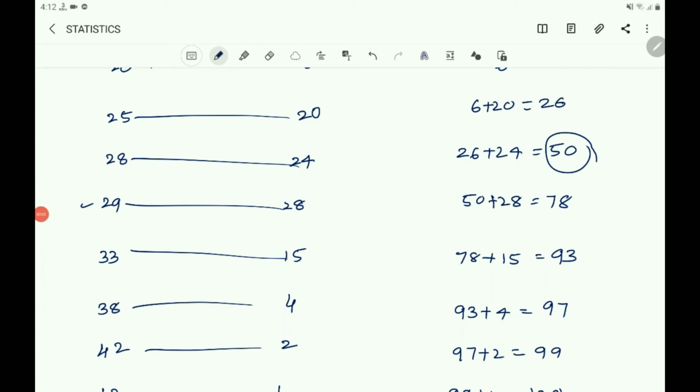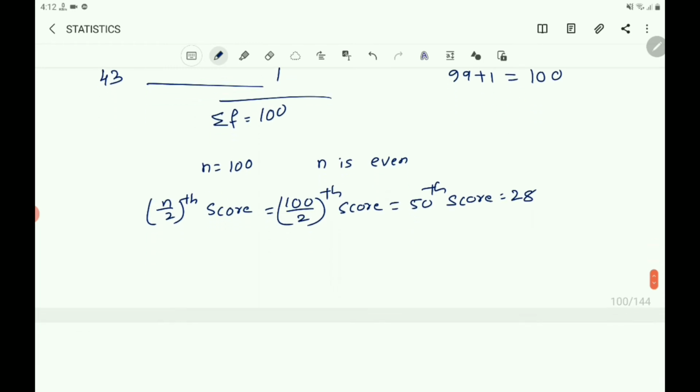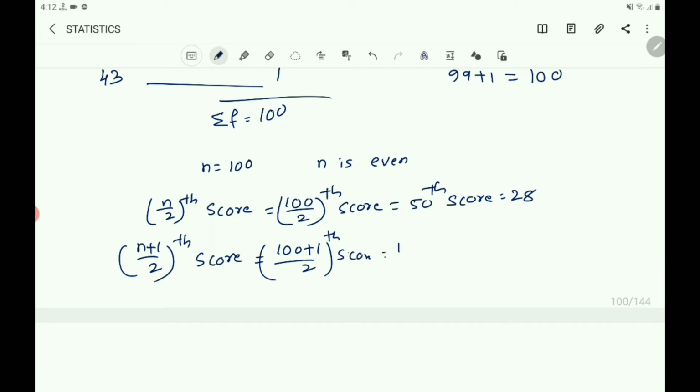50 comes here, and then you have to take, this is the 50th score. The 50th score is 28. Next you take the n plus 1 by 2th score, that is 100 plus 1 by 2th score, that is 101 by 2th score.